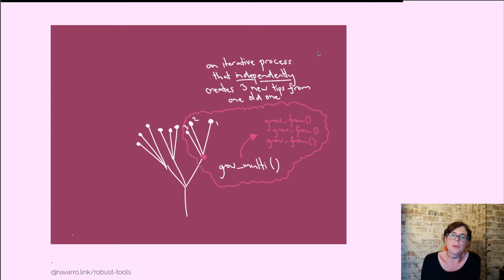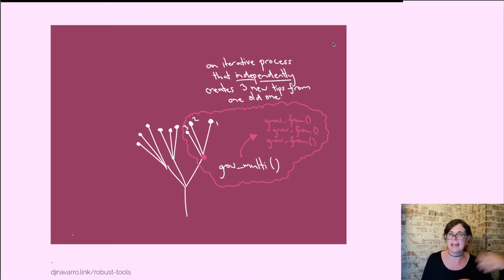So when we wrote the grow multi function, when I tried to transform that first loop into a map, the structure of what we were doing was just creating 3 independent things, 3 new tips, and then throwing away the one that we started with.